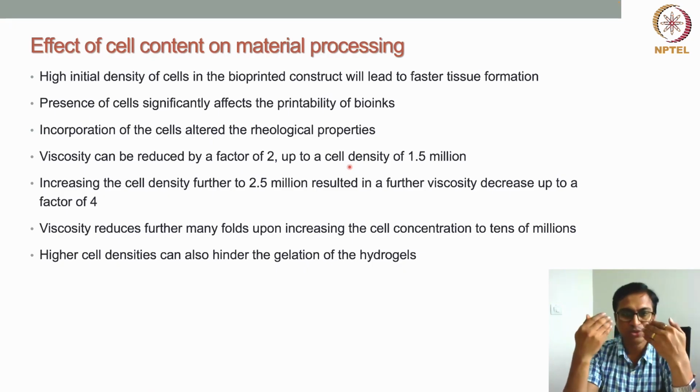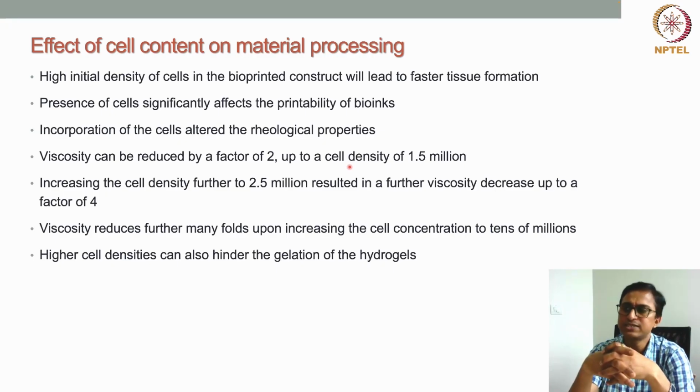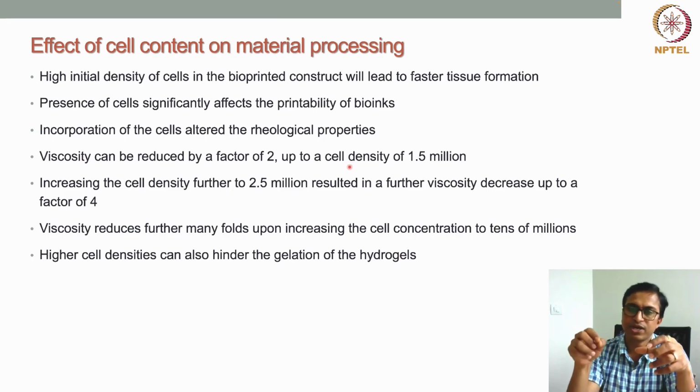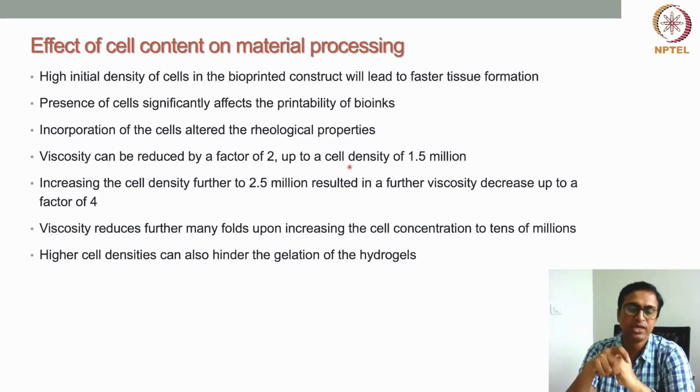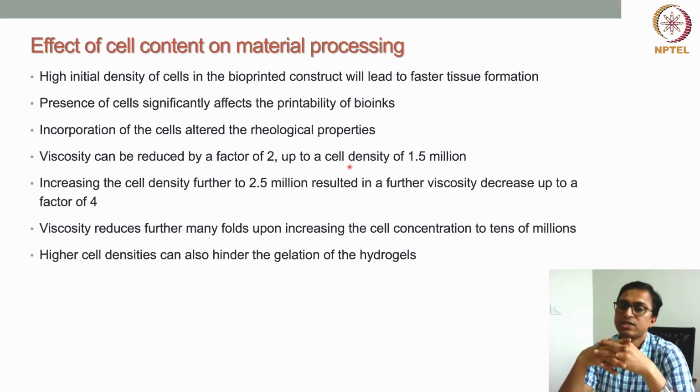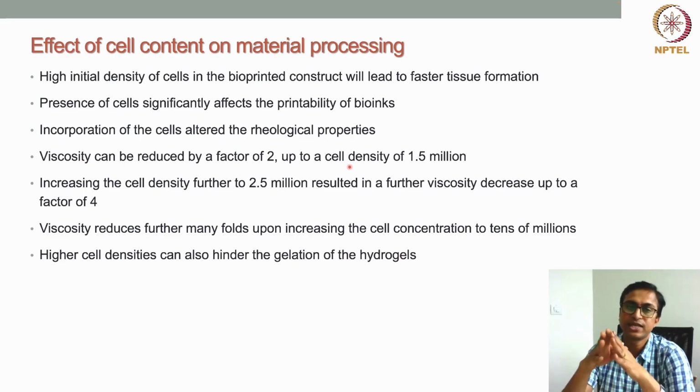When we load cells in the bioink, the inclusion of these cells can also alter the rheological property of the bioink. But many studies don't consider that cell loading can alter the rheological properties and the printability of the bioink. We need to consider the cell density, the cell number within the bioink.